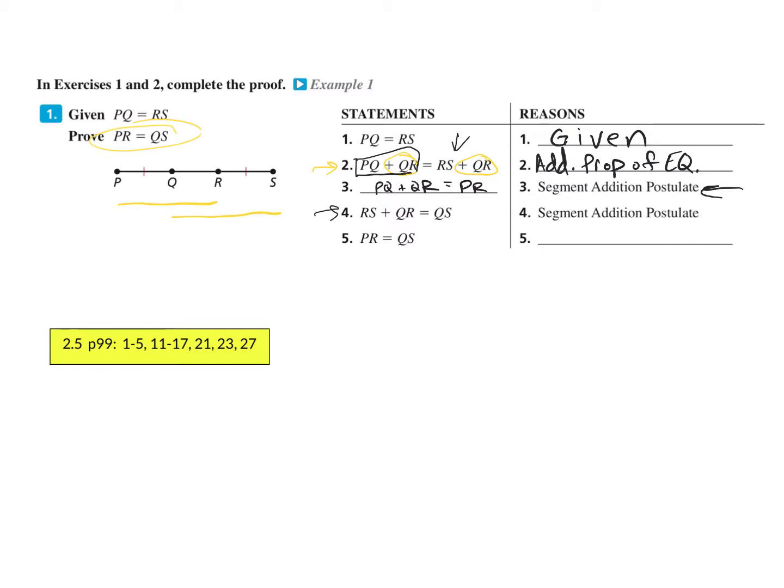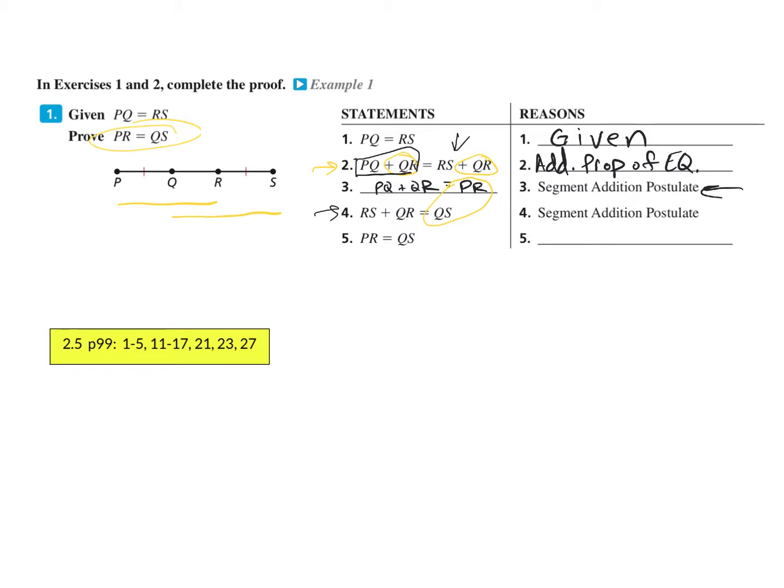And then we have the proof statement. PR is equal to QS. And how do we know that they're equal to each other? You have those two things right there. And they are added together to give you something the same. So look above and see if you can figure out how they are the same.